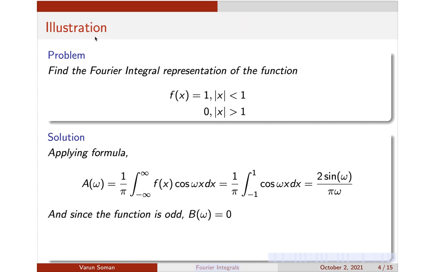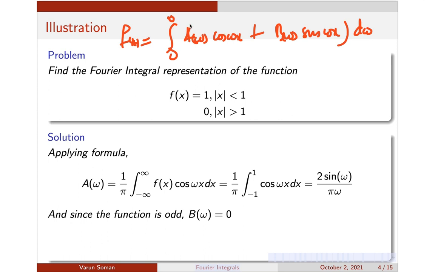Okay, so now you have got your a omega and also b omega. So what is the final integral representation? The integral representation was f of x is equal to integral 0 to infinity a omega cos omega x plus b omega sine omega x d omega. Make sure of these brackets.